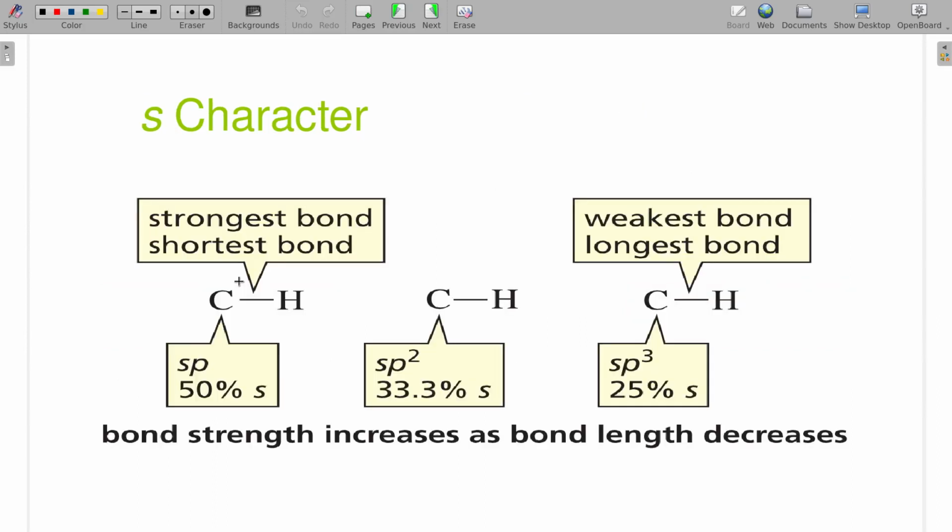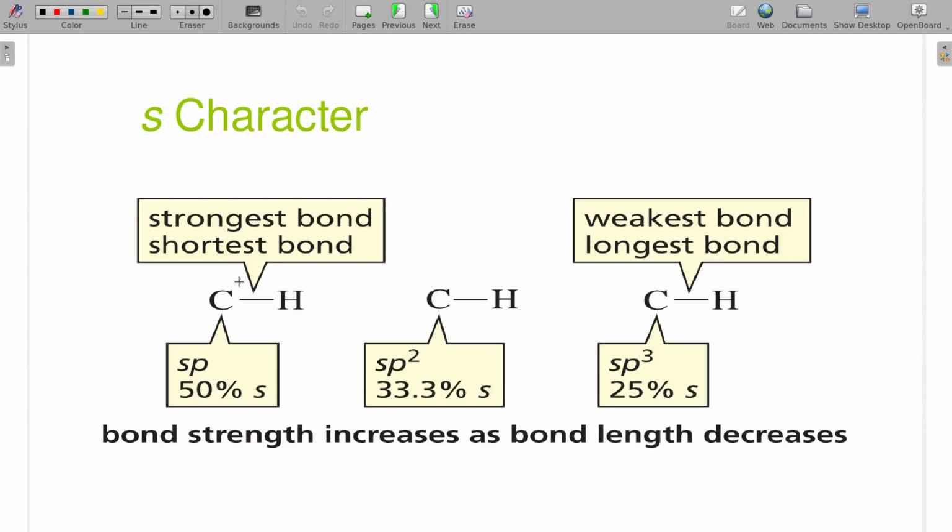All right. Now, another characteristic we talk about when we talk about these bonds is their s character. Now, s character simply means, looking at the hybridization that would go in, an sp hybridized bond has more s in it than an sp2 or an sp3 because of how many orbitals you've overlapped. In an sp, you overlap a single s orbital and one p orbital, so 50% of it's still an s orbital.